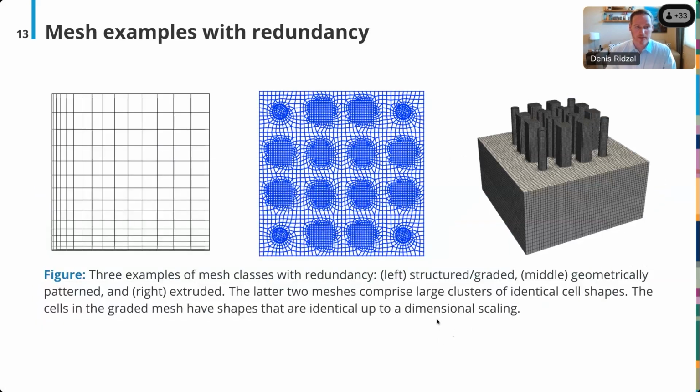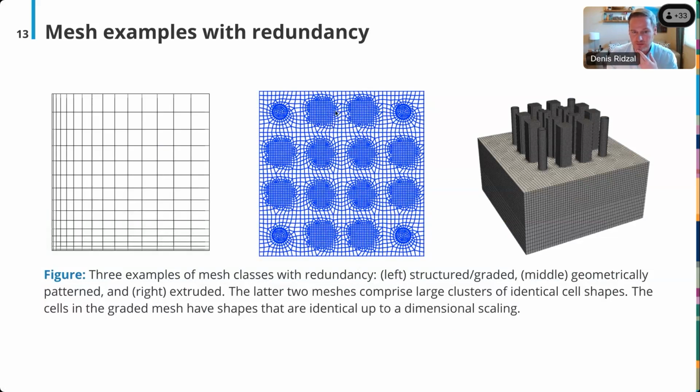Here are some mesh examples with redundancy. Let's talk about the two on the right first. So the one in the middle here is actually taken from this electromagnetics application that I talked about at the beginning. And as you can see, there are large clusters of identical cell shapes.